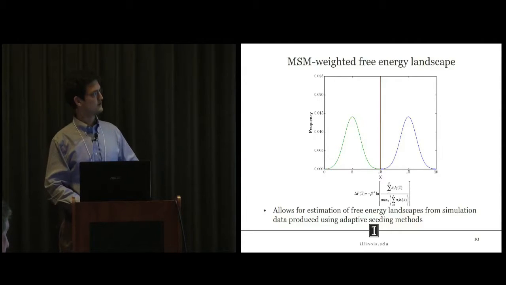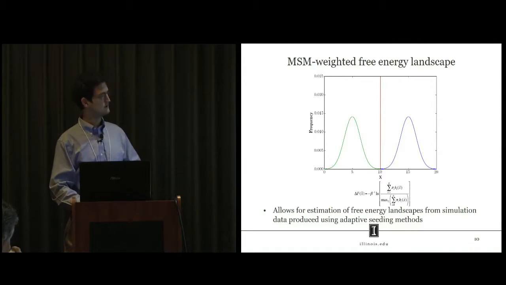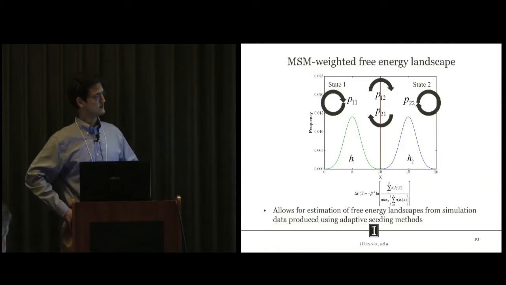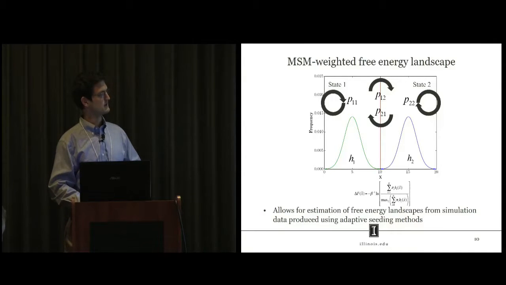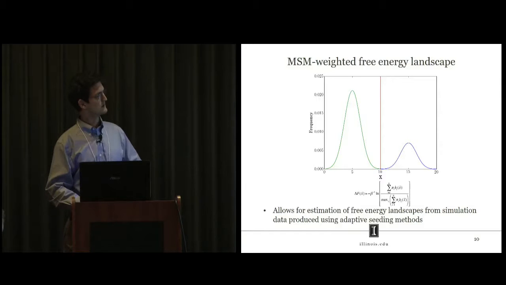So we can cluster that, say in this case 2 clusters, and then count the transitions between the clusters, and then within the cluster in a single time step or period of time.